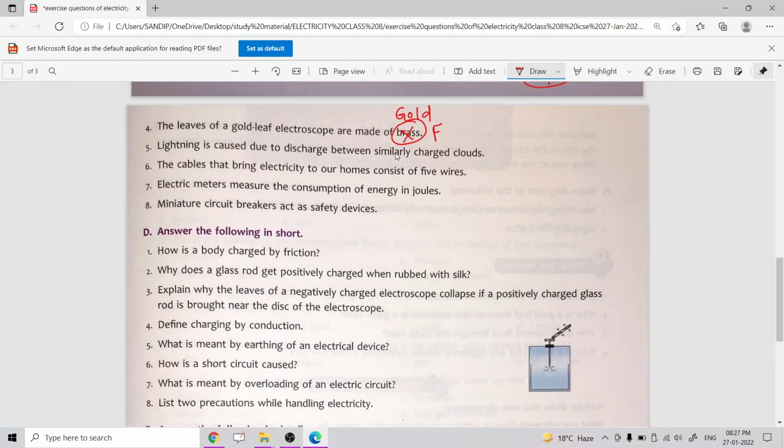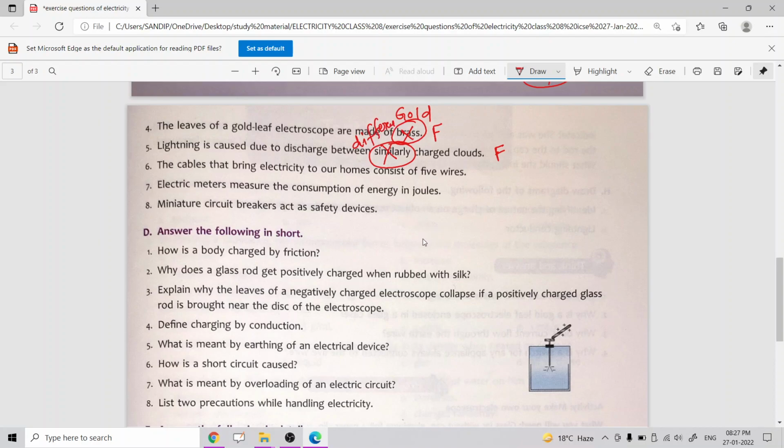Okay, now the next one is, lightning is caused due to discharge between similarly charged clouds. Actually it is also false. Okay, so the correct statement is, lightning is caused due to discharge between differently charged clouds. Okay, so this is different or dissimilar, you can say.